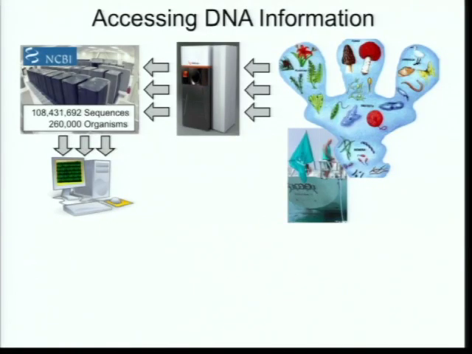The last time I looked it up, there are now 108 million sequences in NCBI from 260,000 organisms. That's a huge amount of DNA information, most of which we don't know what it does. We might have a guess, but a very small fraction of that has actually been annotated with any accuracy. So that's DNA sequencing.